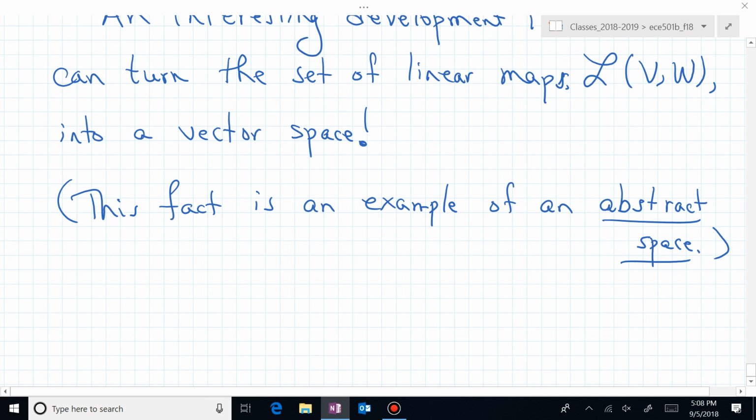Some of these linear maps are something as simple as a matrix. Now we're talking about linear maps that themselves form a vector space.